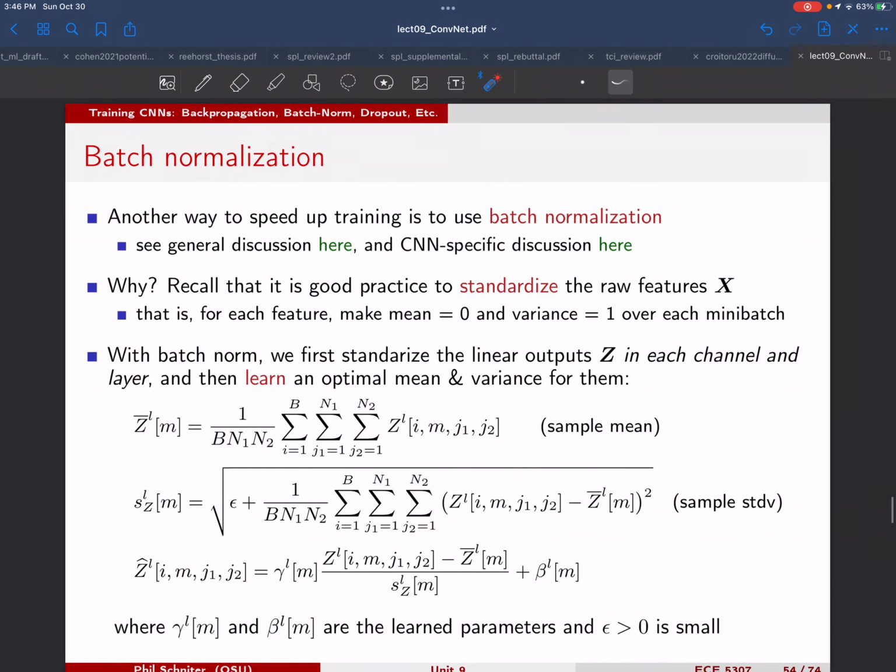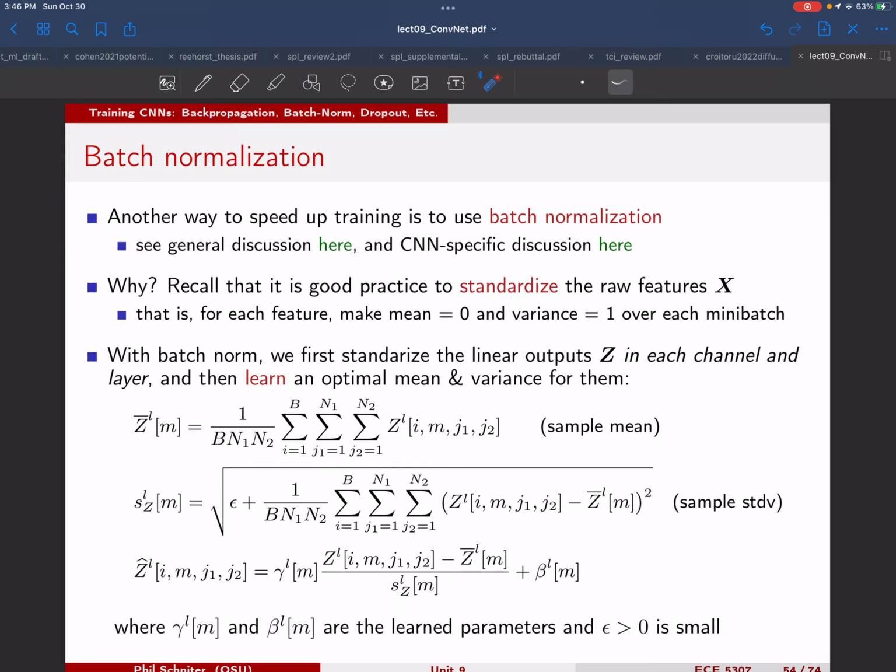All right, batch normalization. This is another trick that is very helpful to speed up training. Mainly this is something you want to use in dense layers. Well, I take that back. The discussion on this page is what you would do with a dense layer.